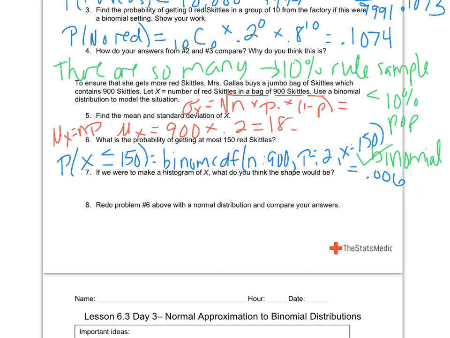If we were to make a histogram of X, what do you think the shape would be? Your shape would be approximately normal. It would be approximately normal because of what we call our large counts.